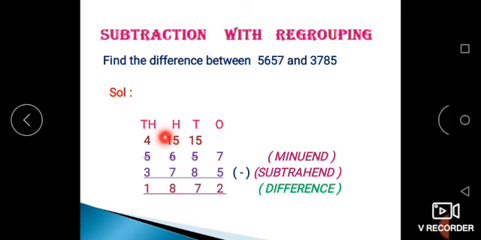So borrow 1000 from 5000. So 1000 plus 500 is equal to 1500. So 7 is subtracted from 15. The answer is 8.